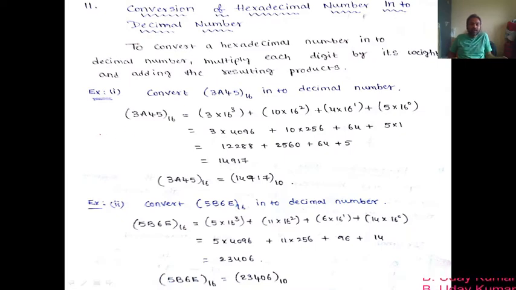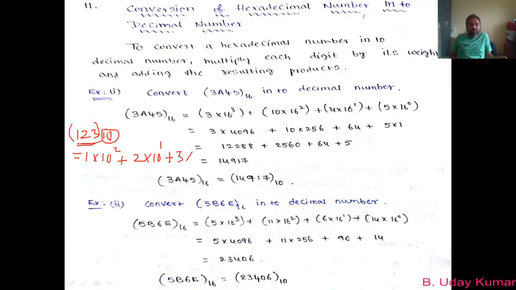We already have done this, right? For example, if it is a decimal number 123 to the base 10, since the base of the decimal number system is 10, I can write 123 as 1 into 10 power 2 plus 2 into 10 power 1 plus 3 into 10 power 0.